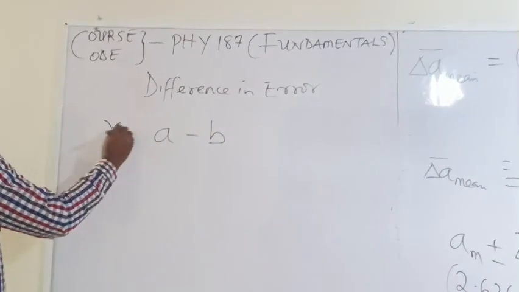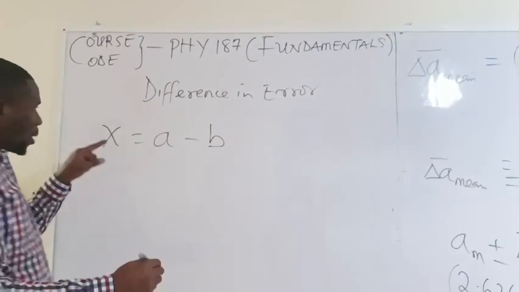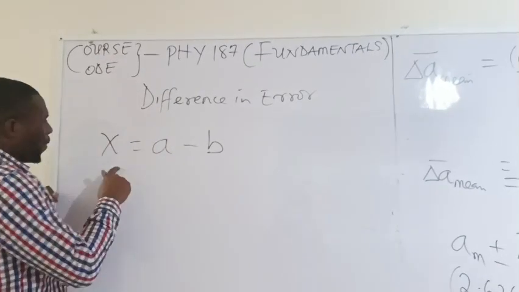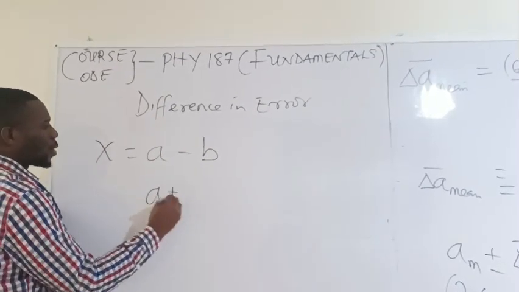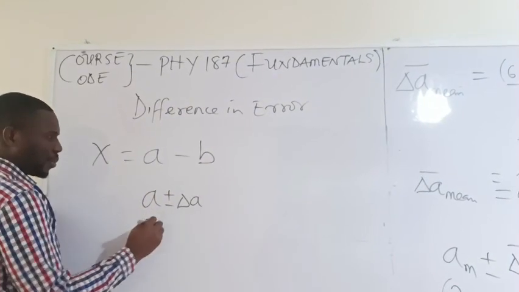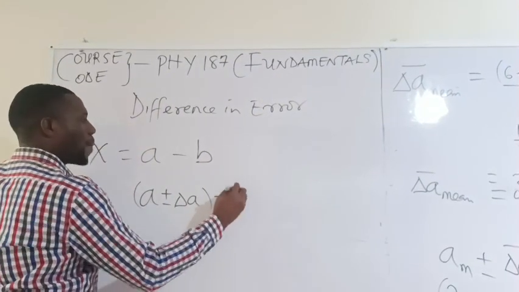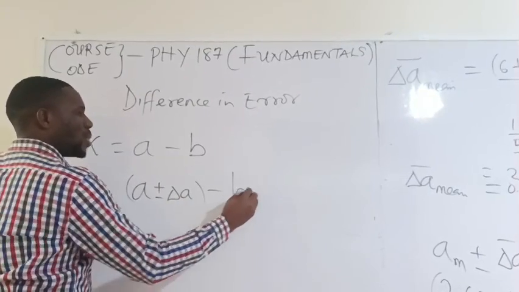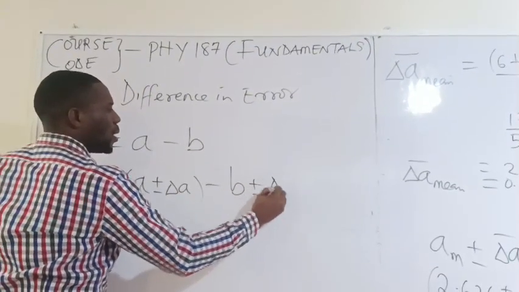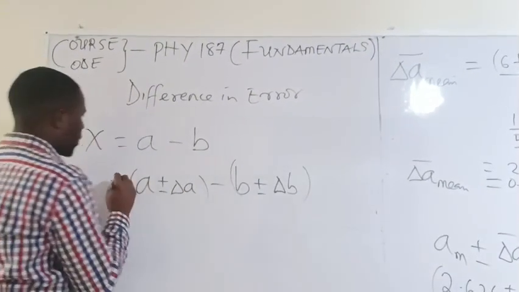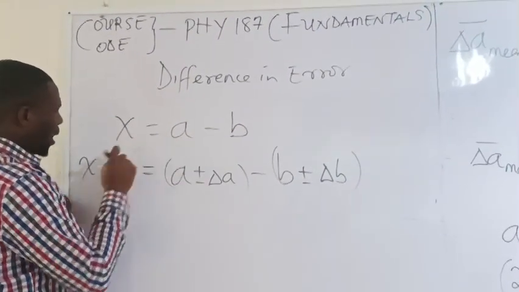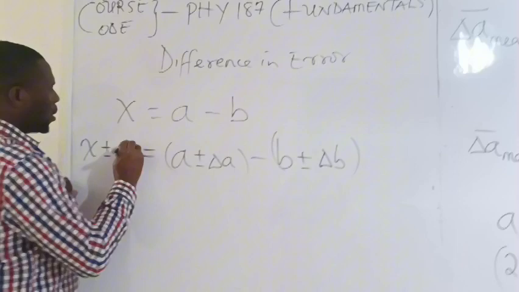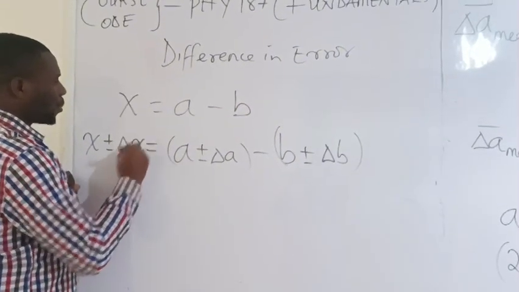I could just call this x. Each of these must have an error, so this plus or minus the absolute error, minus the other measured quantity plus or minus its absolute error. The same translates to the difference, which is x, plus or minus the absolute error in x.